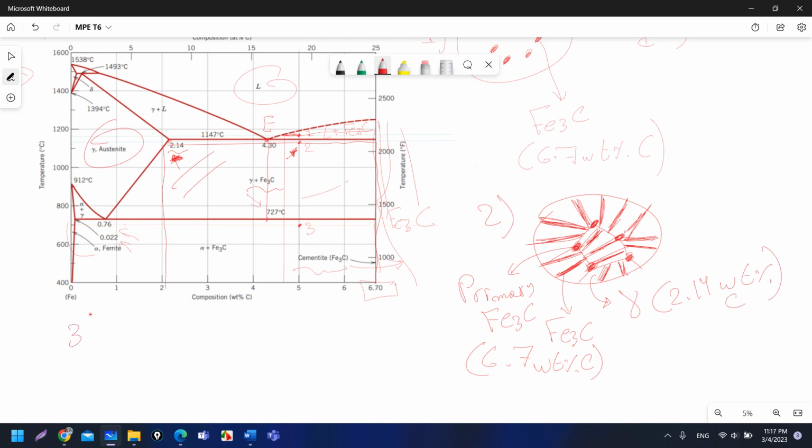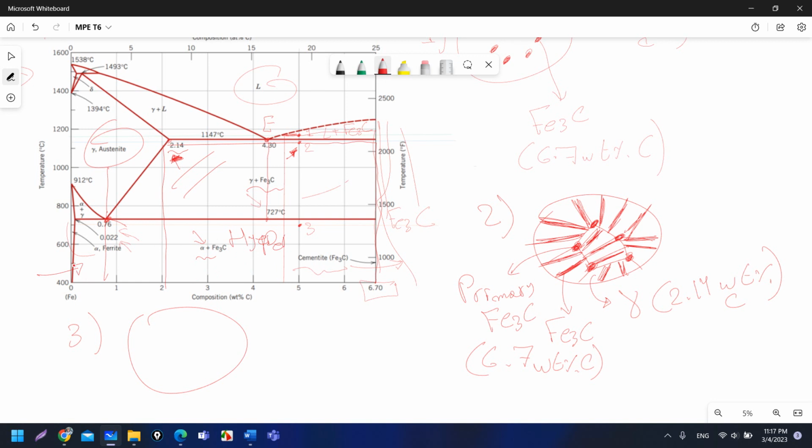And the remaining is to calculate for 0.3. 0.3 is under the eutectoid. This time it is eutectoid. It is austenite converted to two solid phases, which are alpha ferrite and Fe3C cementite. So I will draw the microstructure, and we said it is similar to the eutectic. You will have also a lamellar structure, but since we are in the hypereutectoid region, so we are to the right of the eutectoid point, then I will have particles of Fe3C.